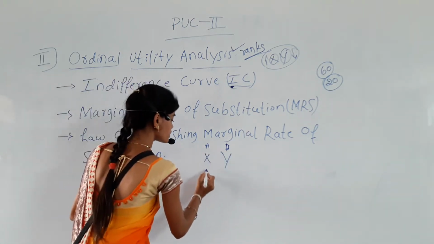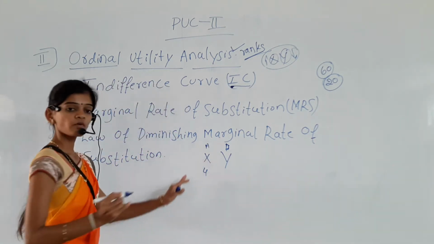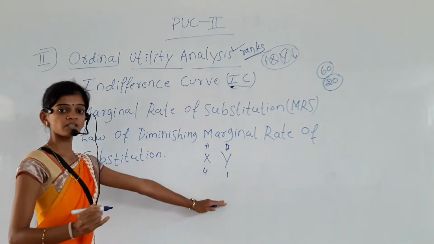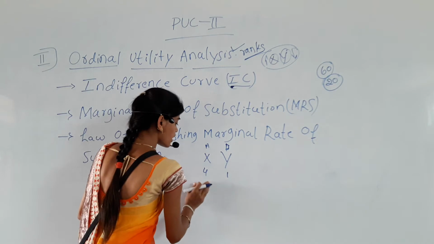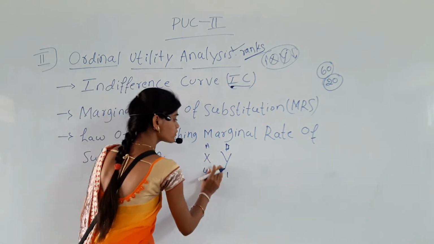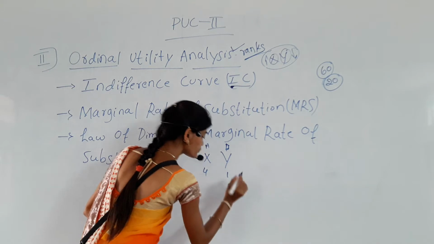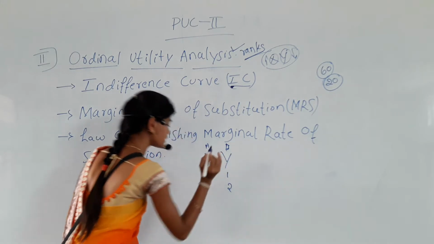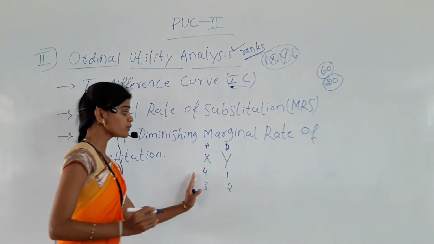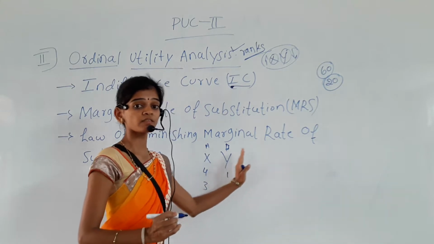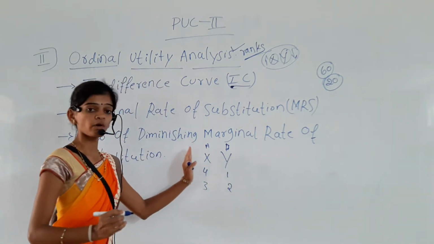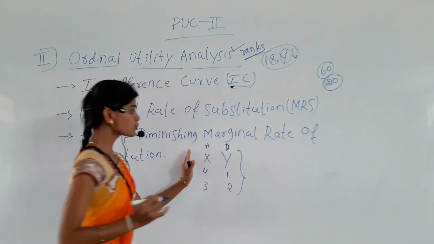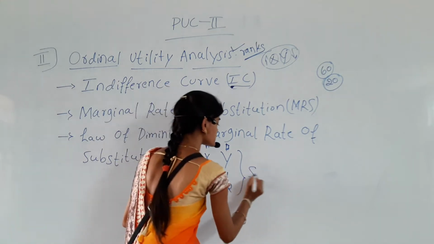In this case a consumer is using 4 apples and 1 banana. Then he uses an extra banana, 1 plus 1 is 2, so he has to forgo 3 apples. It means if he wants to use an additional amount of banana, then he has to forgo apples, so that both give him the same level of satisfaction.